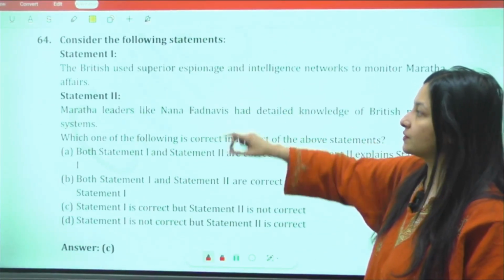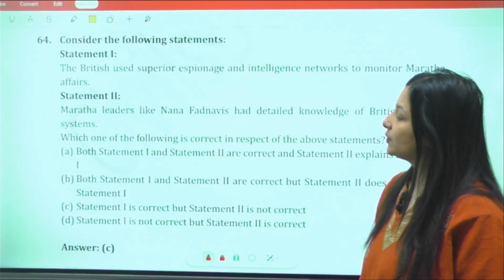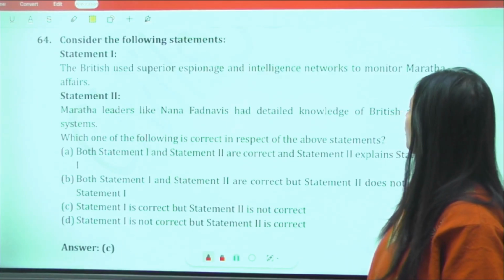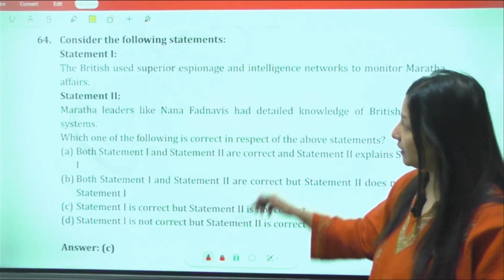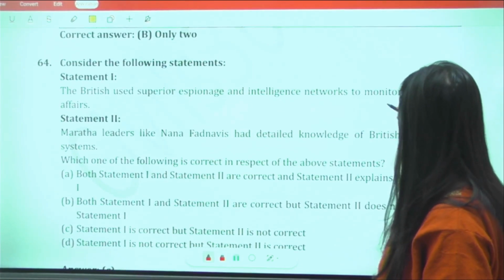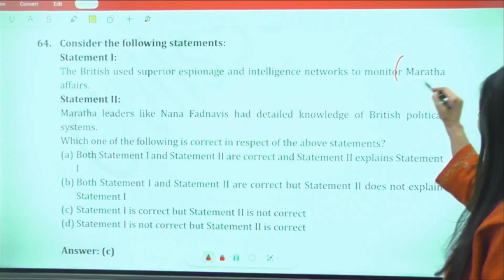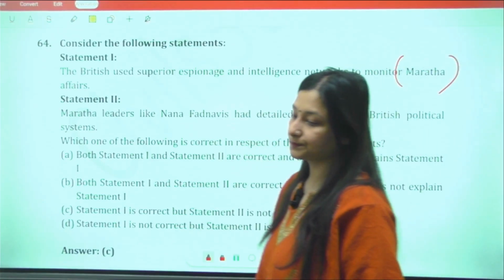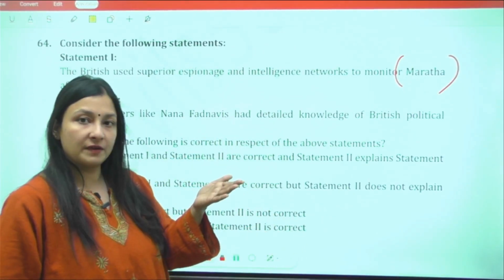All factual questions. The British used a superior espionage and intelligence network to monitor Maratha affairs. Definitely. If you study the medieval part of India, you will notice that the Marathas had been the ones using guerrilla warfare, right?